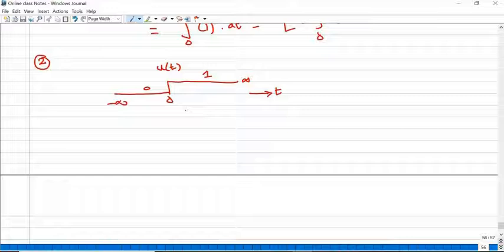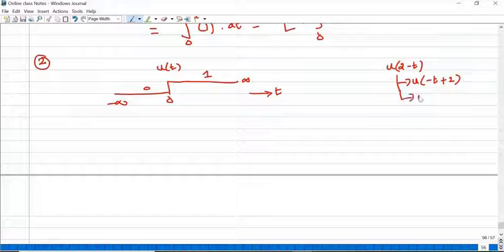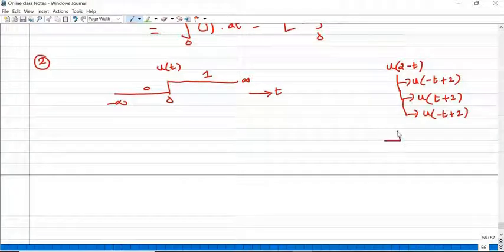Next, u of 2 minus t. How to sketch u of 2 minus t? Rewrite it as u of minus t plus 2. Perform t plus 2 and then take the time reversal, minus t plus 2. So t plus 2 means a shift to minus 2.